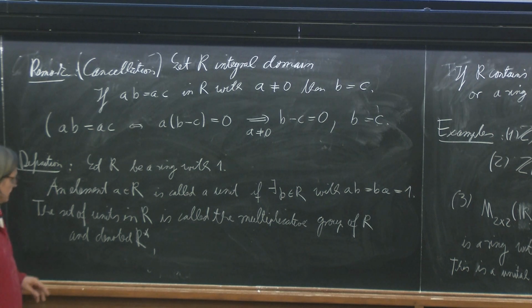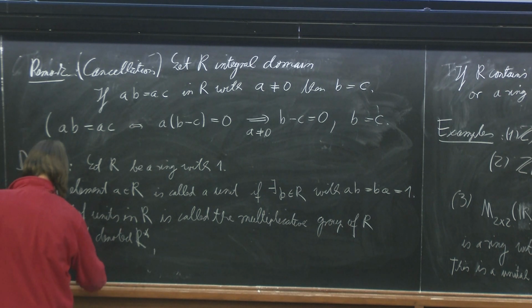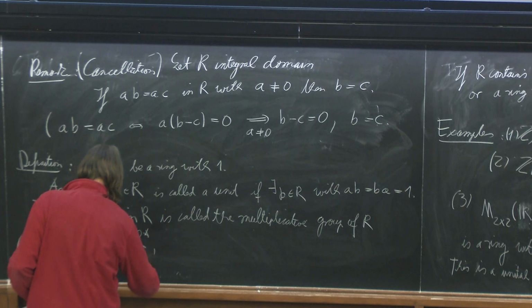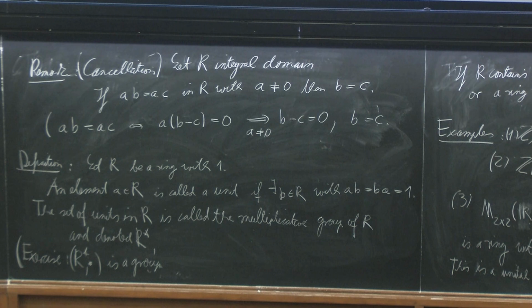In particular, I claim, as an exercise, it's basically trivial, that R star with the multiplication is a group. As I said, that's basically obvious. We know that the multiplication is associative.